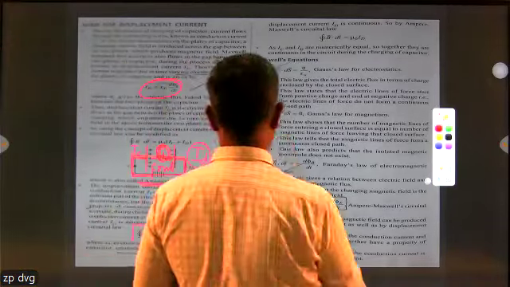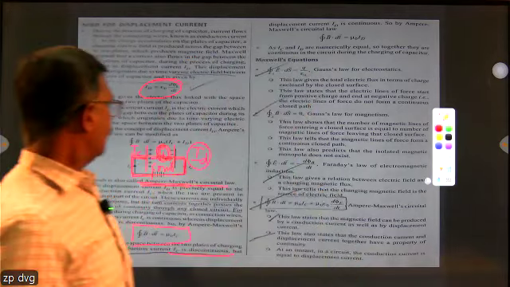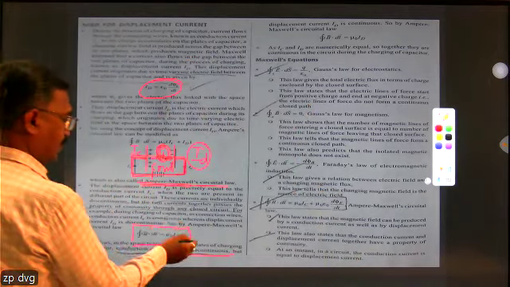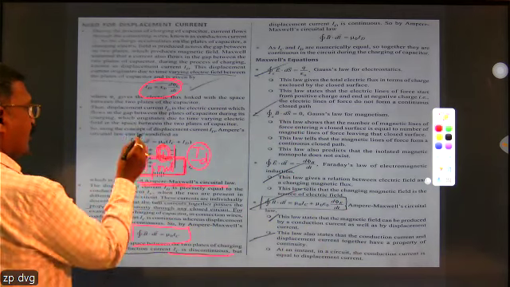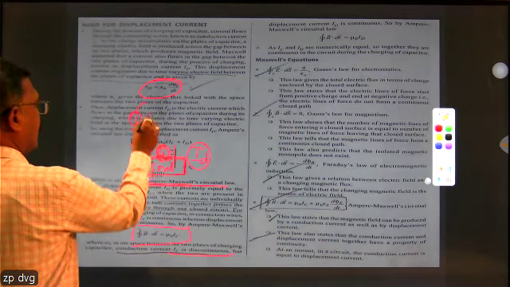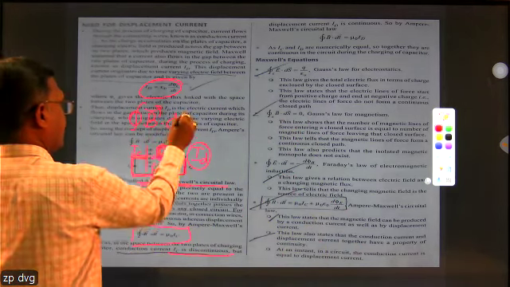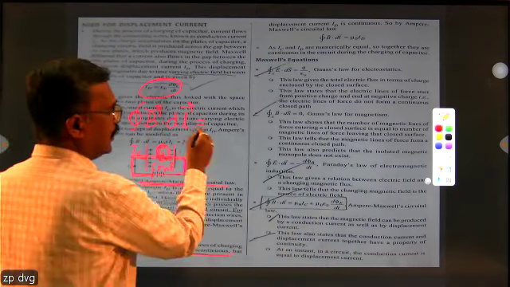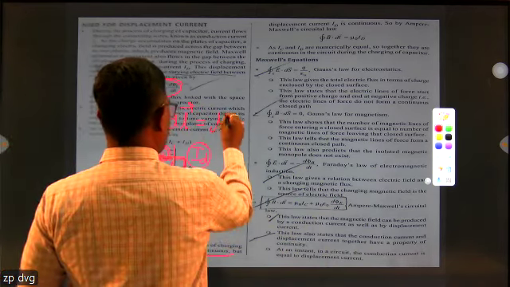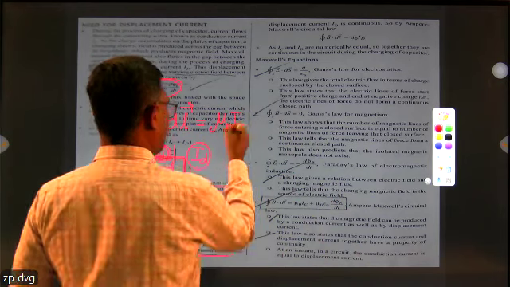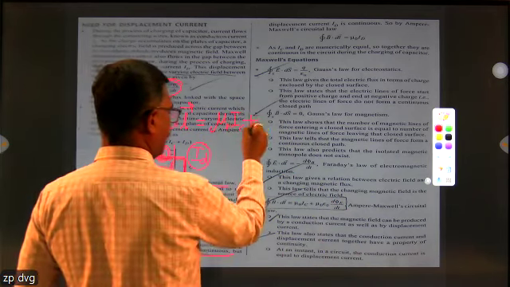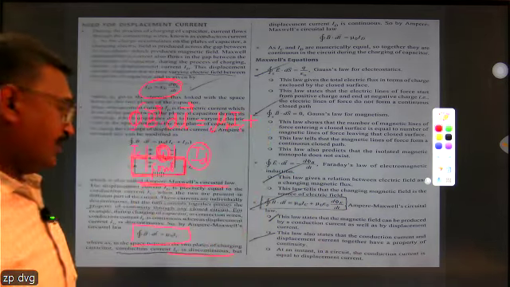After introducing this displacement current, Ampere-Maxwell's circuit law can be written as: line integral of B dot dl is equal to mu naught into IC. What is IC? Conduction current, which was originally thought of by Ampere.